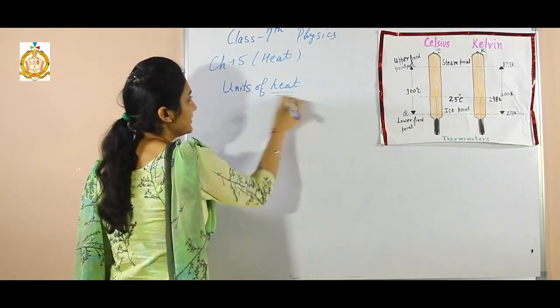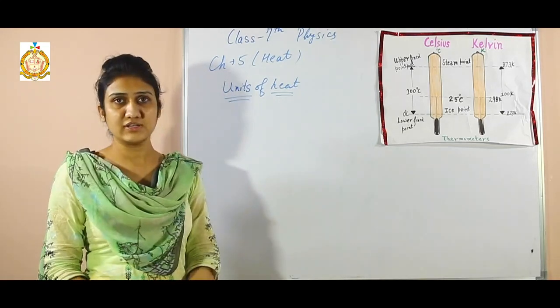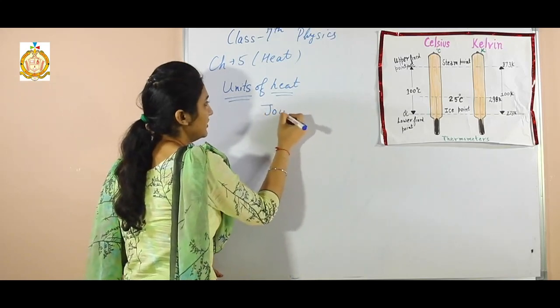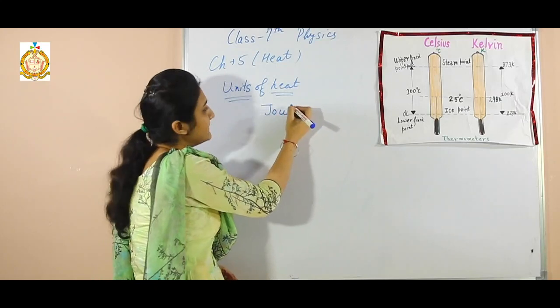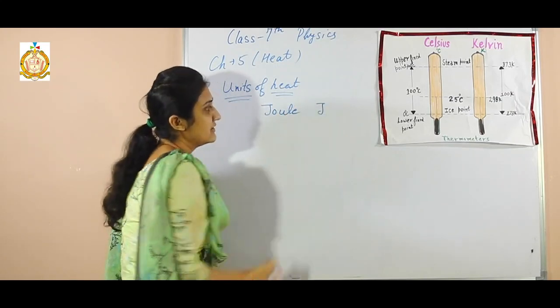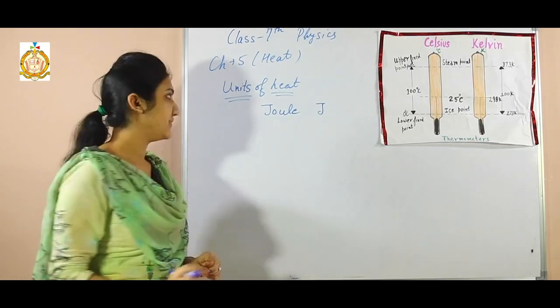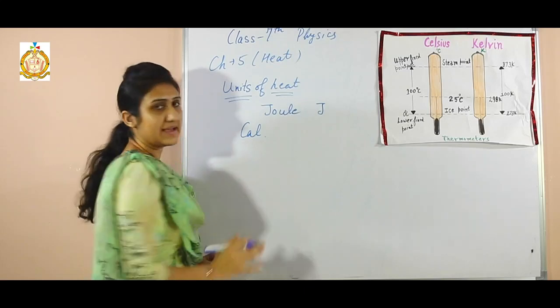The units of heat energy are same as that of energy, because this is also a form of energy, and the units of energy were joule, denoted by symbol capital J, and the other unit of heat is calorie, denoted by CAL in short.